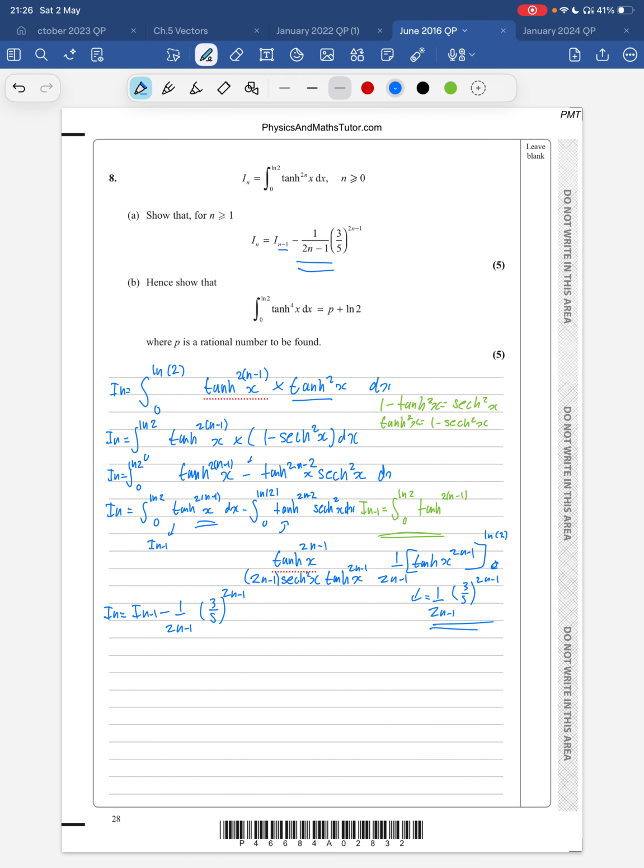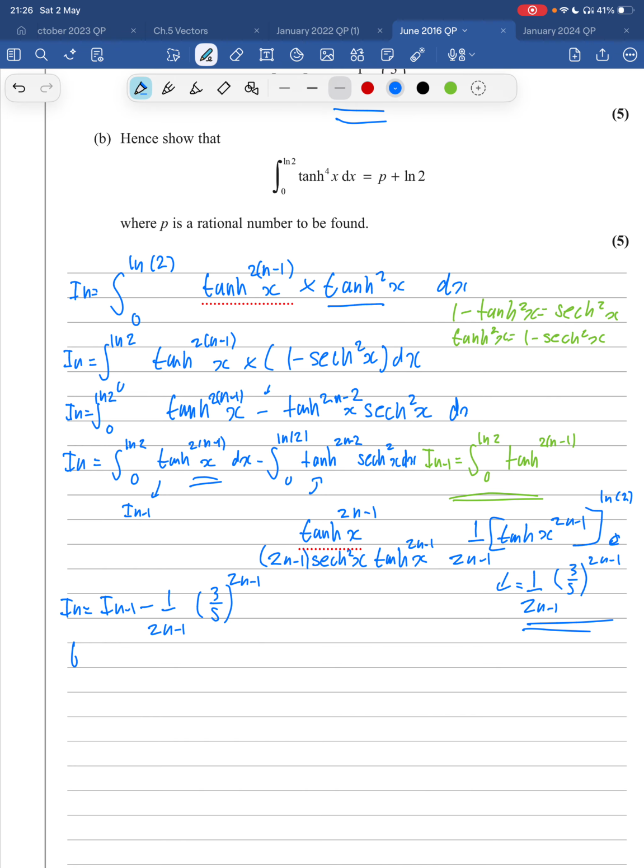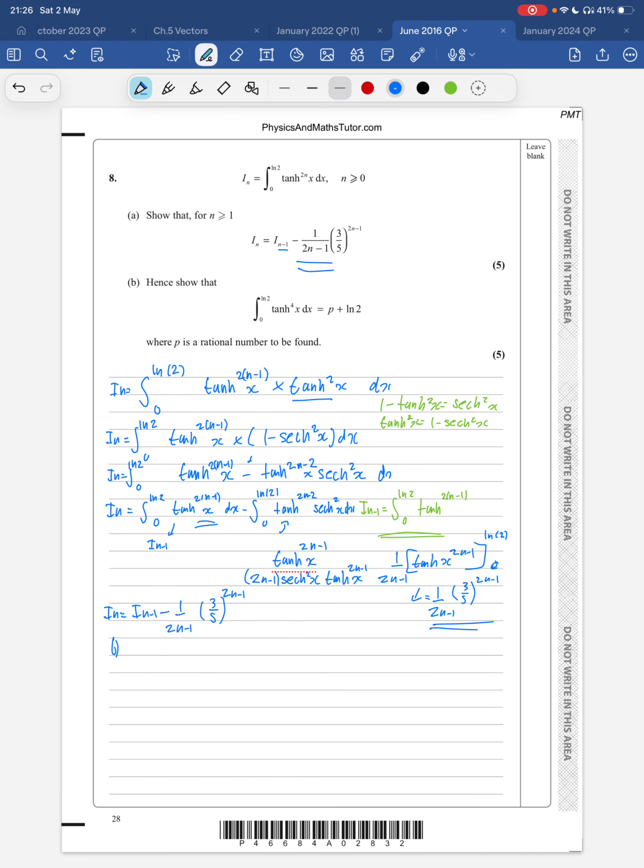Part B is usually much easier, and you can always get the marks for part B without having done part A. So let's just do that here. Okay, tan^4 x dx with the same limits. What are we going to do? We know tan^4 x is going to be tan^n, so we can relate them back.